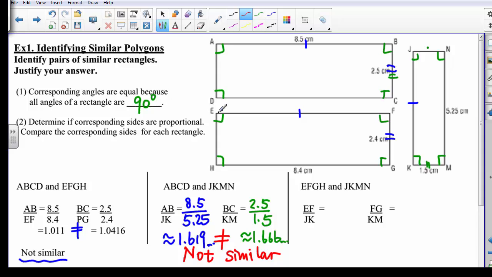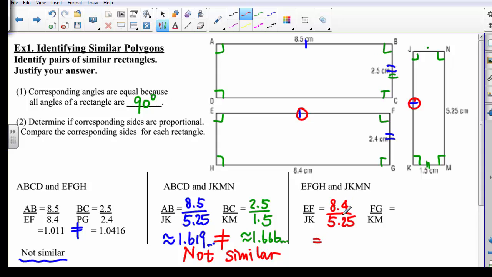Let's compare rectangle EFGH to JKMN. So let's look at the first pair of the corresponding sides, EF to JK. EF is 8.4 centimeters, JK is 5.25 centimeters.